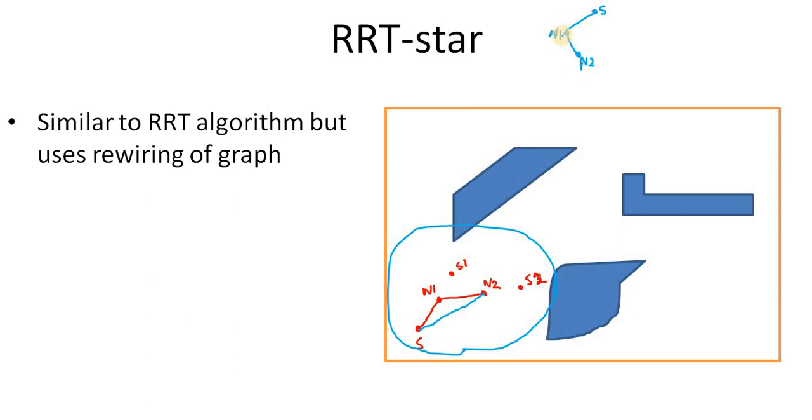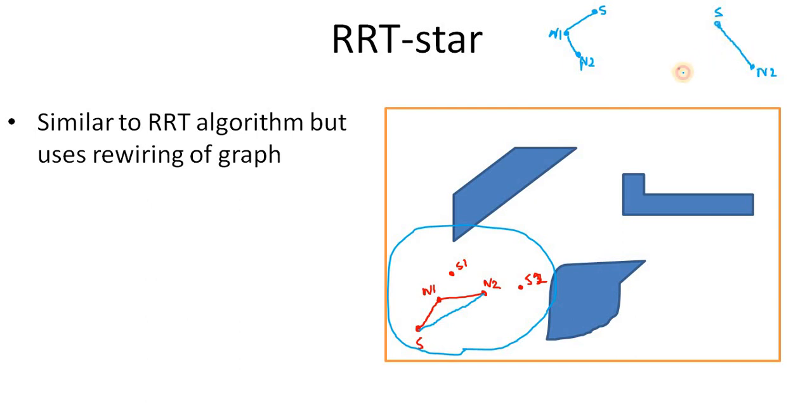So the parent of N2 was N1 and the parent of N1 was S. But in RRT star, since we do this shortest distance or rewiring step, we rewire our tree. We have found that the shortest distance between N2 and S is the straight line, not going through N1. So we make the parent of node N2 directly S, not N1.